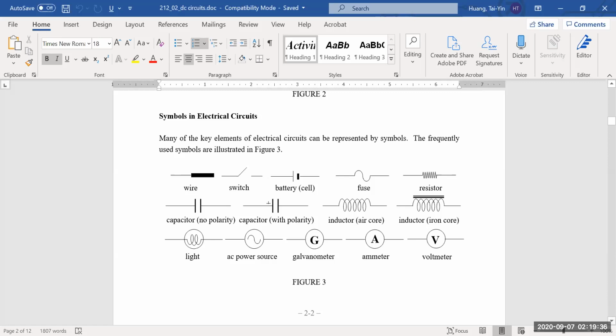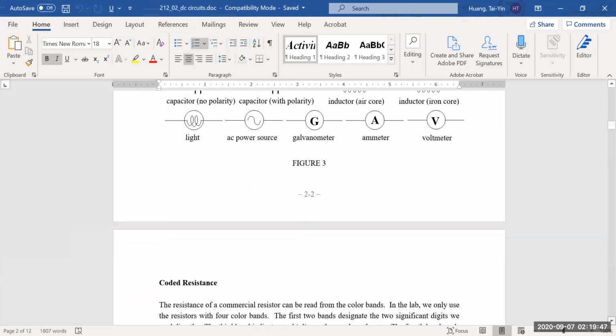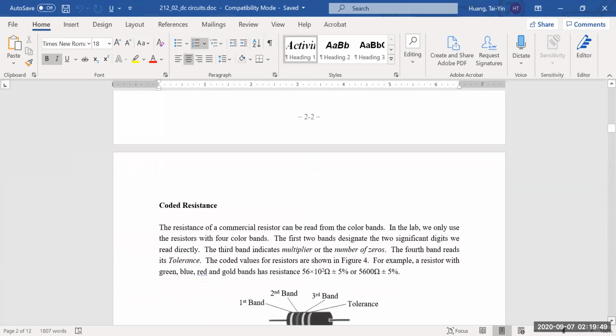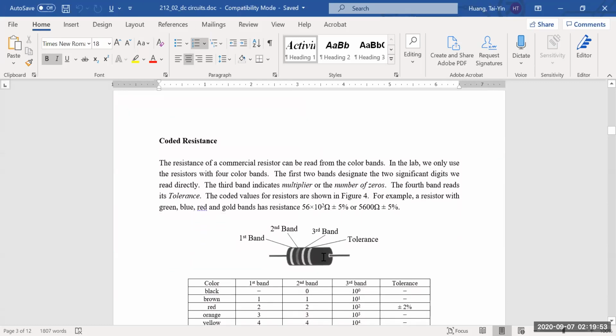So when you draw a circuit, before you connect your circuit, these are the symbols that you often use. One of the things that we want to learn is, if you're given a resistor like this one with the color bands, what is the resistance value of this resistor?